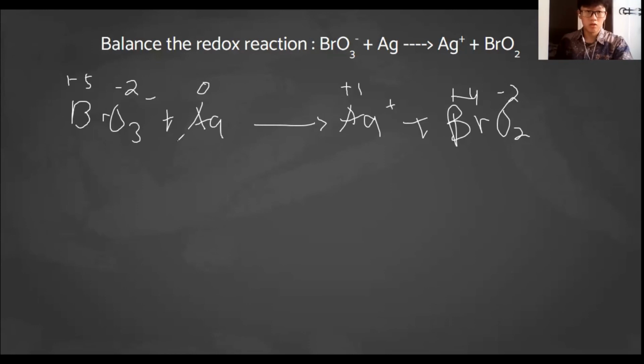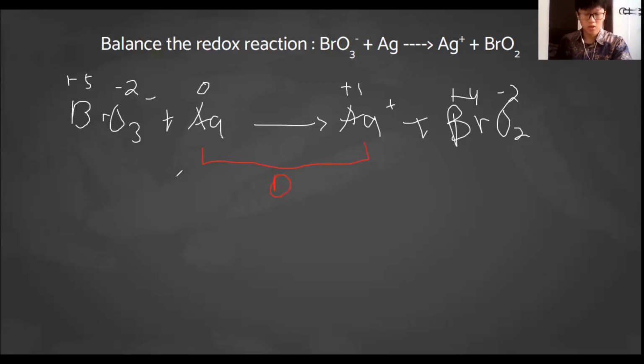Let's use the acronyms from before. OIL RIG: loss of electrons is oxidation. So which one has the loss of electrons? Here, Ag went from 0 charge to +1 charge. So this is loss of electrons, oxidation.